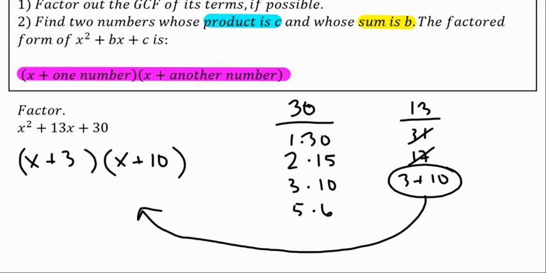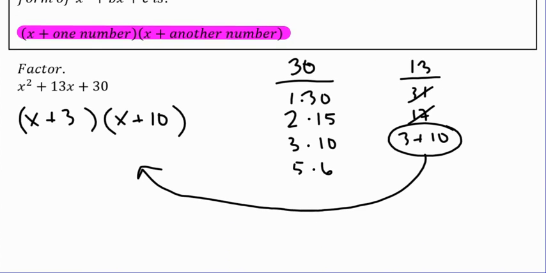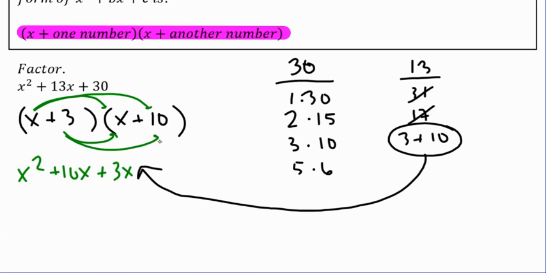Now I check this using my knowledge of multiplying binomials. There are multiple ways to do this. I'm just going to use the distributive property twice. Here I have x times x is x squared. x times a positive 10 is 10x. Positive 3 times x is 3x. And 3 times 10 is 30.